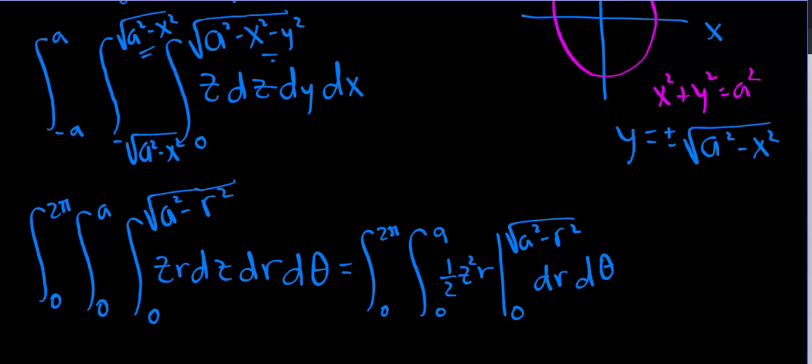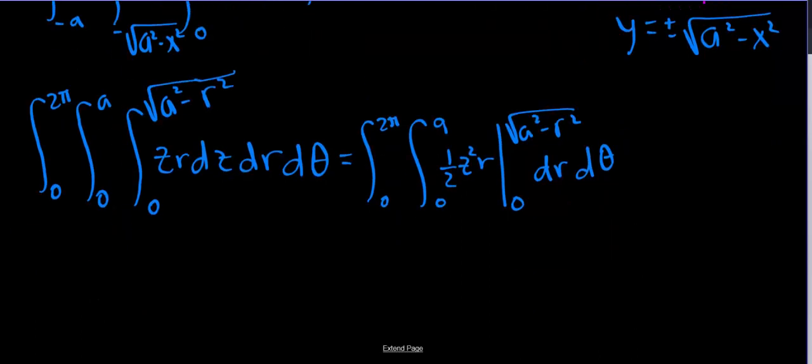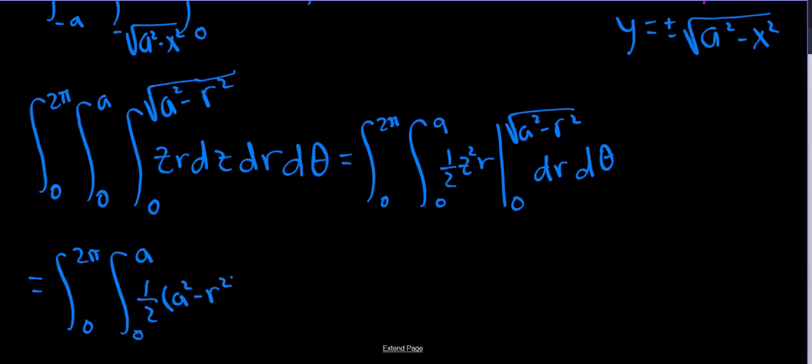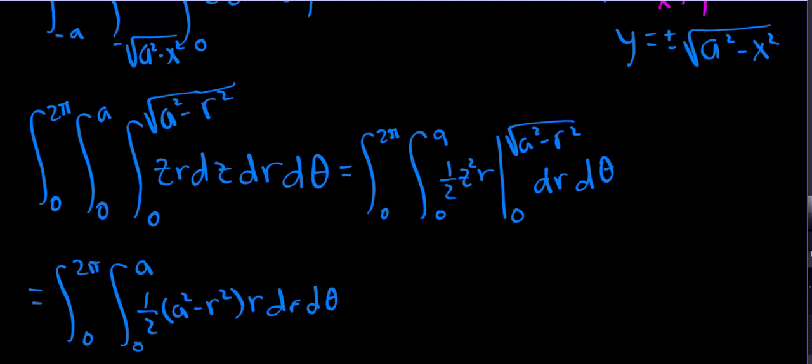Now we've got 0 to 2 pi, 0 to a, and this is going to be 1/2 times a squared minus r squared, times r, and then dr d theta. Okay, so we're on our way.